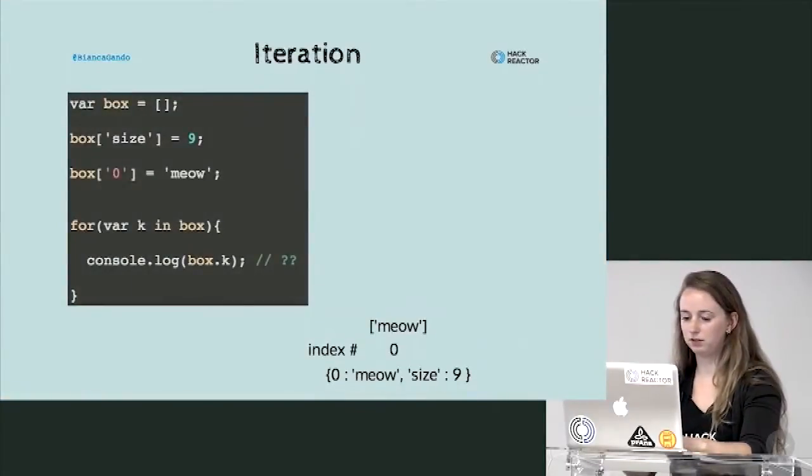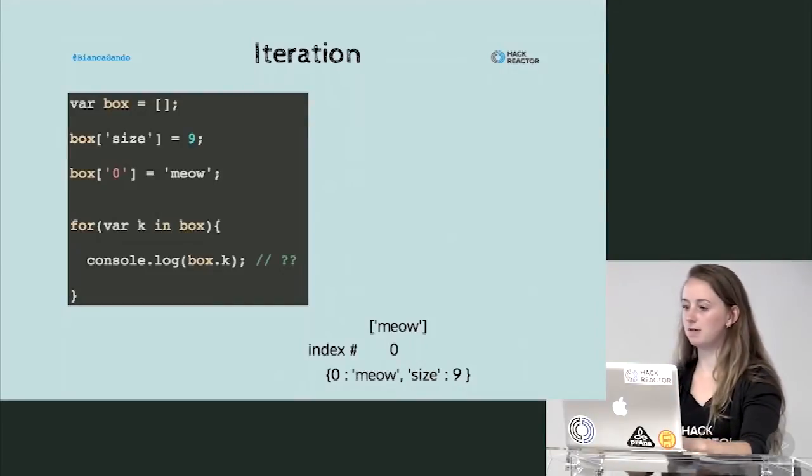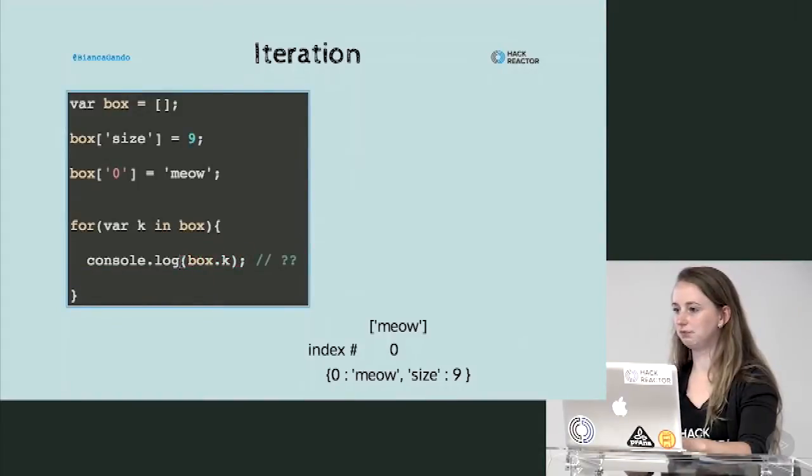All right, what about this? What is this going to log? Anyone? 9 and meow. The values? Good guess, but remember that whole variable dot notation rule?